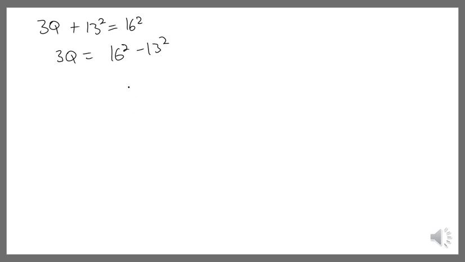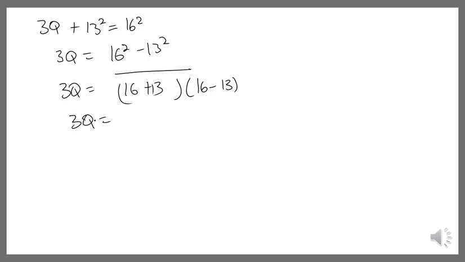And what are we going to get? We have a difference of two squares situation here. So 3Q will be equal to 16 plus 13 multiplied by 16 minus 13. 16 plus 13 is what?